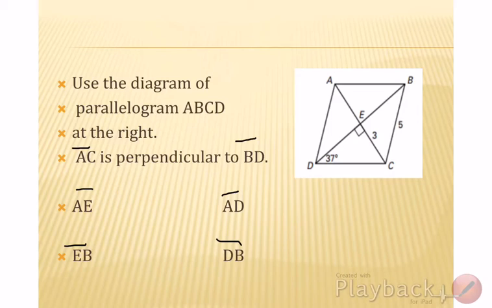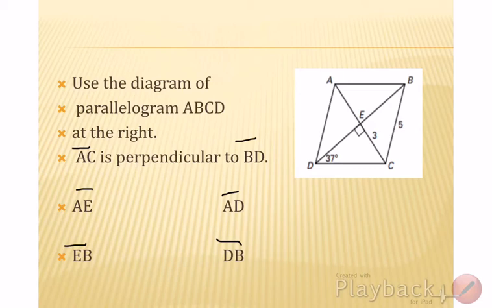What about the measure from E to B? This is a little tricky. You have to use the Pythagorean theorem. We know that that's a right triangle because if the lines are perpendicular, then all of those angles will be 90 degrees. 5 is the measure of the hypotenuse. 3 would be the measure of one of the legs. 5 squared, 25, minus 3 squared, 9, equals 16, and the square root of 16 is 4.